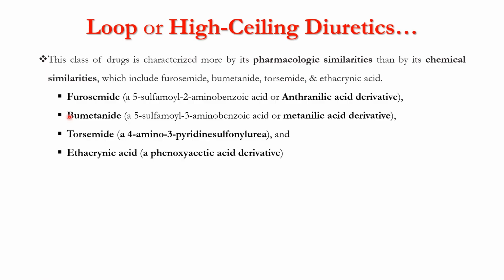Furosemide is a prototype for those derived from anthranilic acid, whereas bumetanide is the prototype for those derived from metanilic acid. Another group is obtained from 4-amino-3-pyridine sulfonylurea, whereas ethacrynic acid is obtained from phenoxyacetic acid derivatives.